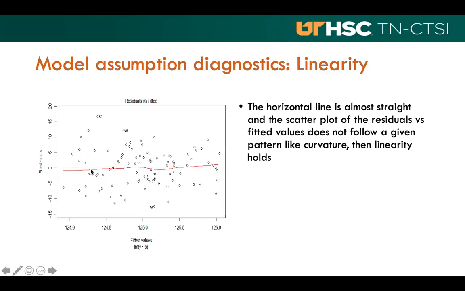For example, if the red line is instead curved, bell-shaped or something, it indicates that the association between the x and the y variable is actually not linear. So linear regression is not appropriate for that kind of data.